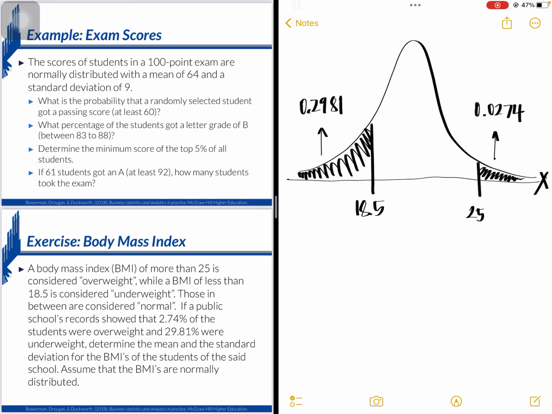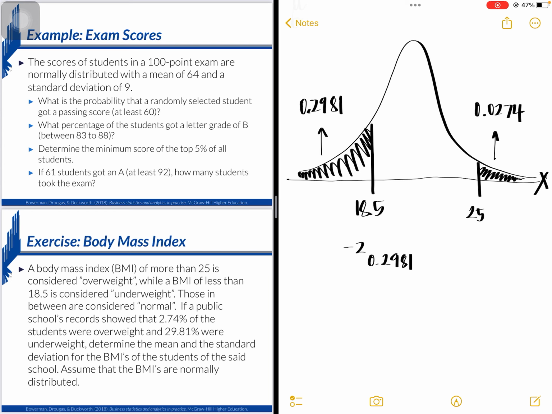in terms of Z. So we know that when converted to Z, this value 18.5 must be equivalent to negative Z sub 0.2981, right? The corresponding Z-score of 18.5 has an area of 29.81% to its left.